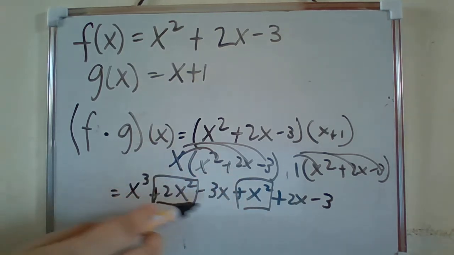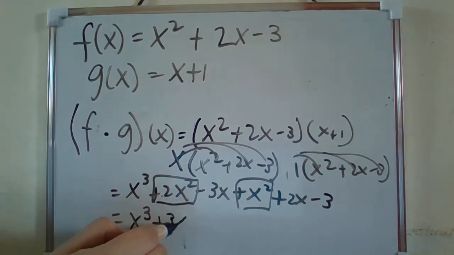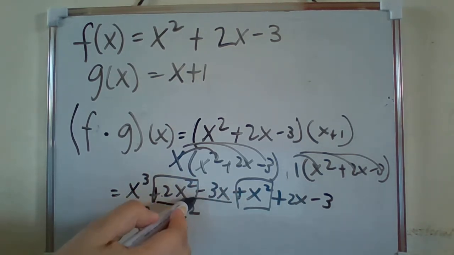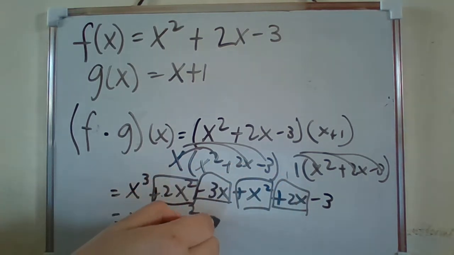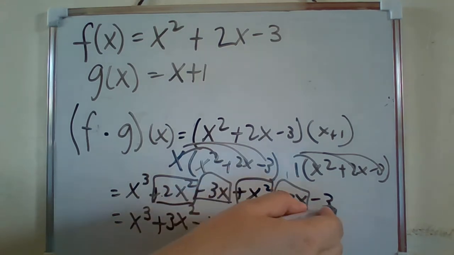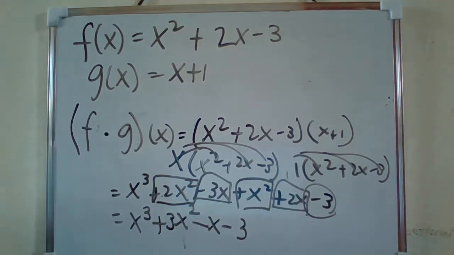So si x cubed maiiwan kasi wala siyang kapareho. So, plus 2x squared, plus x squared, so plus 3x squared. Then, yung magkakapareho, negative 3x plus 2x, so mas malakas si negative x, and then, minus 3. Wala kapareho si constant. And, this is now your equation, your product. So, x cubed plus 3x squared minus x minus 3.